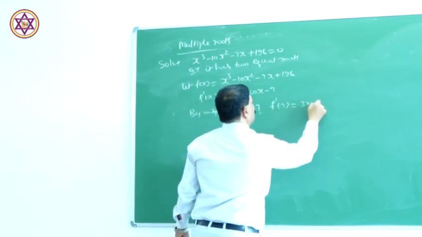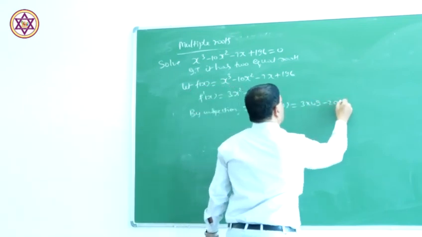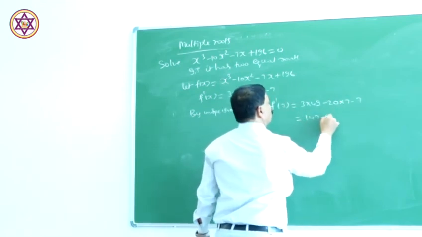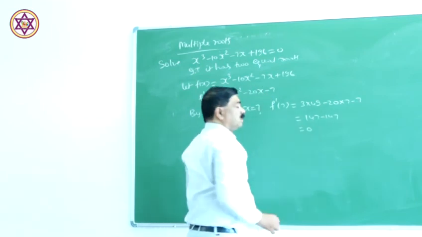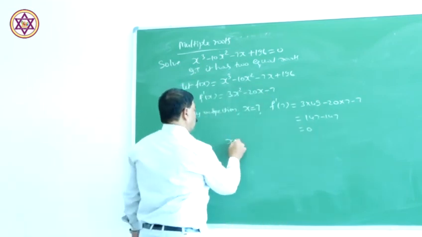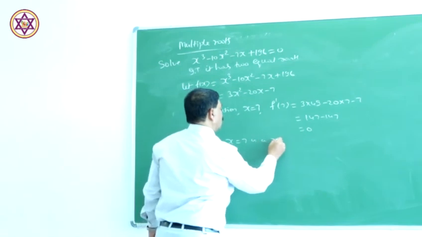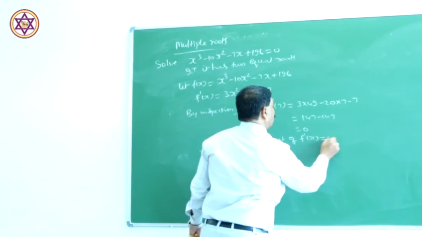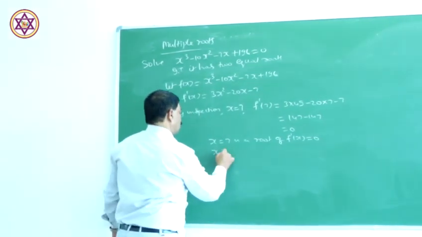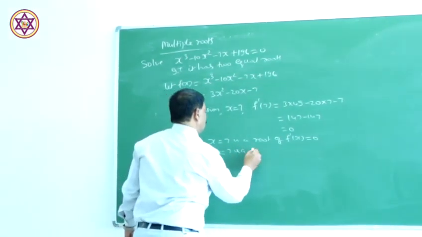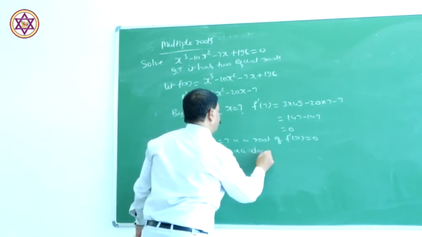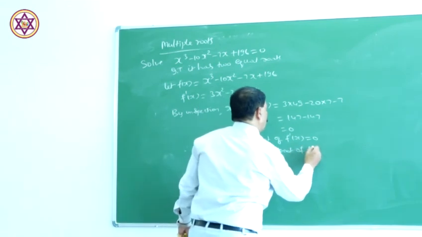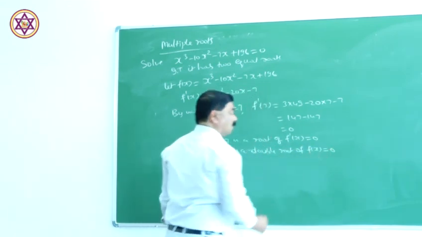So, 3 into 49, 147, we get 0. Therefore, x = 7 is a root of f'(x) = 0. Therefore, x = 7 is a double root of f(x) = 0.